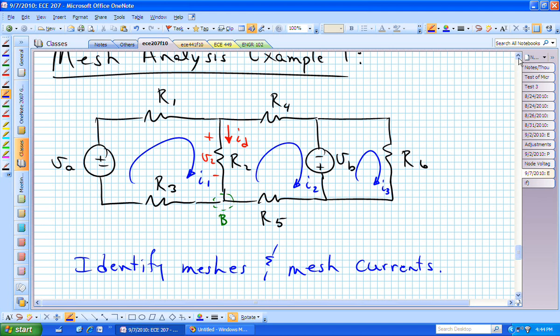The only current going through R sub 3, as we've defined it, is I sub 1. And I sub 1, going through R sub 3, is whatever we called it, I sub y. And I sub 2, which is going through R sub 5, from right to left, is I sub x. That's how we define those.